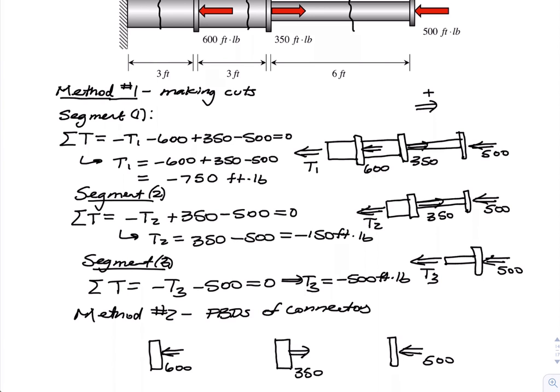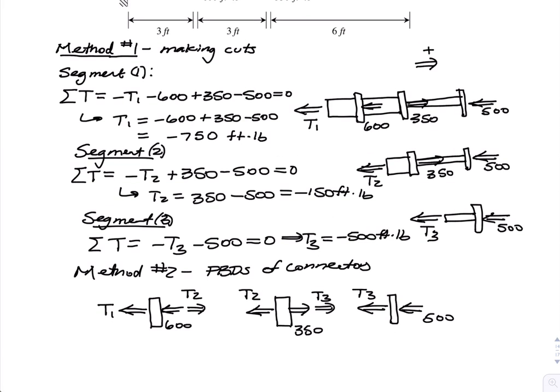Now I put in the rest of it. I put in T1 and T2. I have a T2 equal and opposite. I got a T3 equal and opposite T3, like that. So if I look at connector C, when I sum my torques, what I get is minus T1 minus 600 plus T3 is a 0.